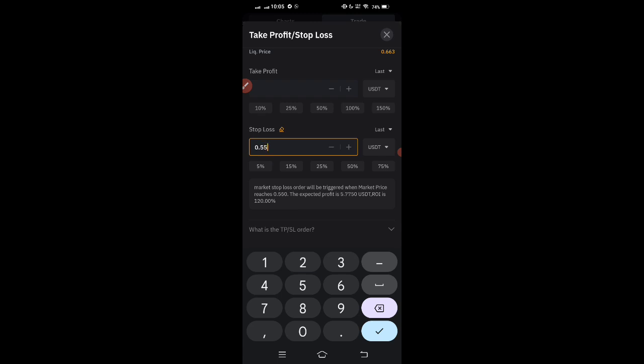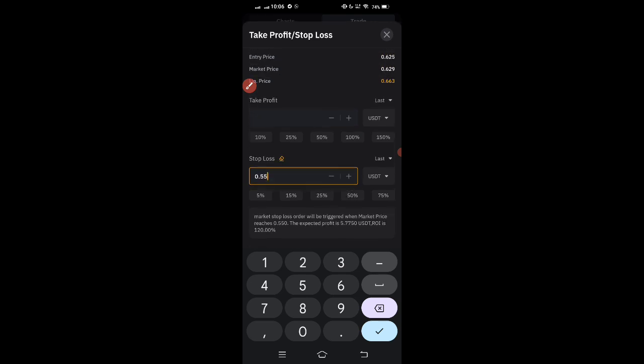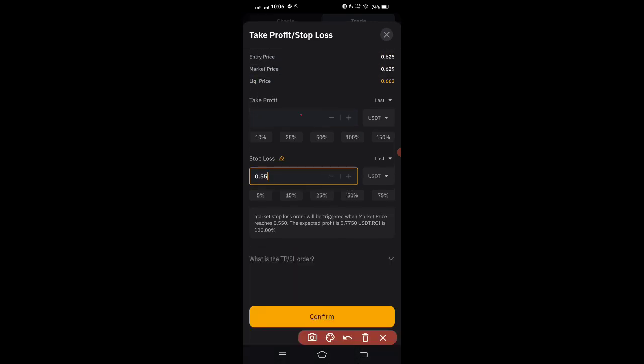Remember, I have like $4 profit here before, 4 point something dollars, but right now, if the system pulls back to 0.55, that is my stop loss. It will hit 0.55 as my stop loss and kick me out of the market.